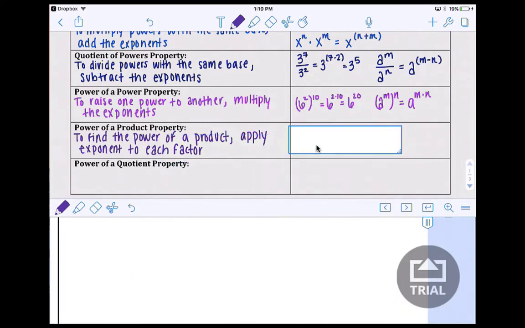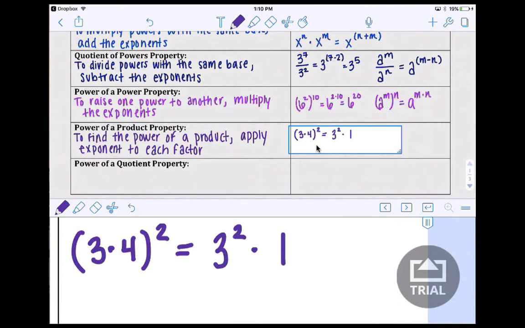For example, if we do something like 3 times 4 squared. Now I know many of you are just going to say that's 12 squared. I get it. I'm trying to show you the point here. That's the same as saying 3 squared times 4 squared.